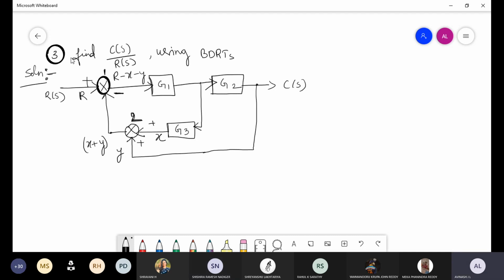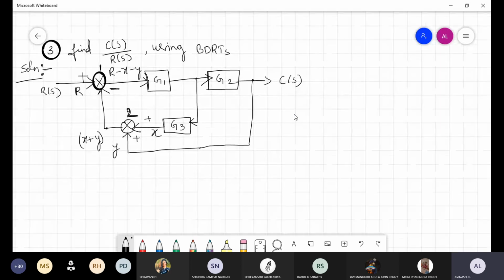Yes, sir. So now, what we need to get is, when we combine these two summing points, after the summing point we should get R minus X minus Y only. Is it clear? So now I'll reduce it using this idea. I'll try to reduce the first step of the block diagram.